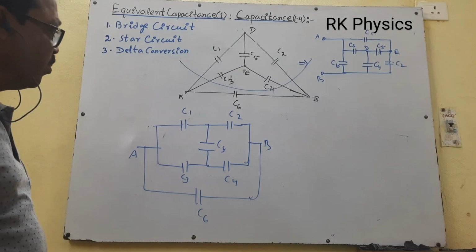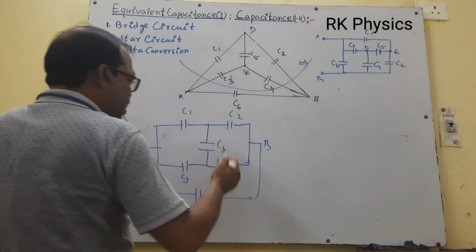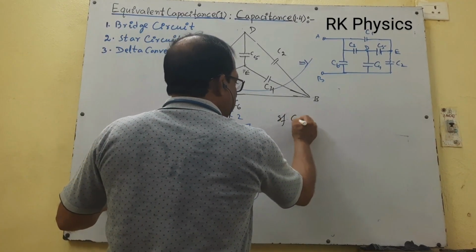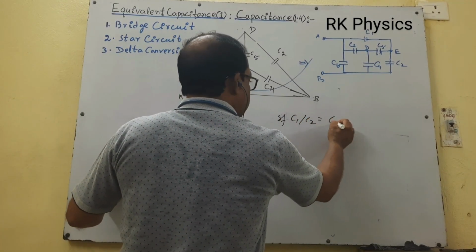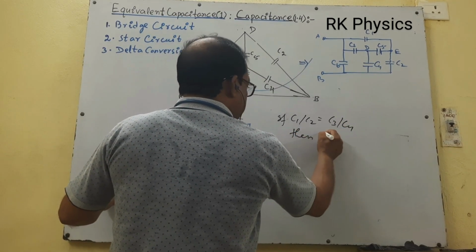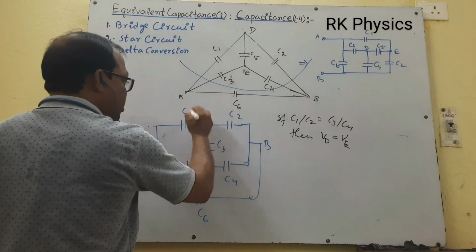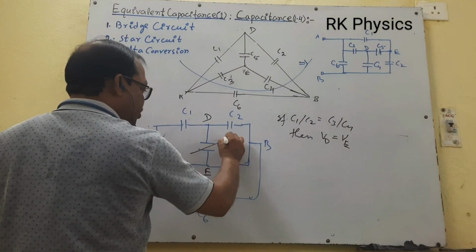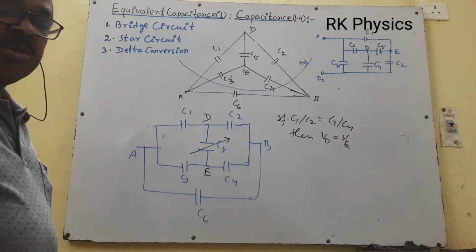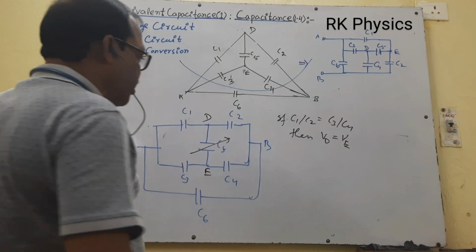So how can you solve it? Exactly by the same method as the bridge circuit. If C1 by C2 equals C3 by C4, then the potential at D equals the potential at E, therefore C5 can be removed. It is not effective in the circuit.